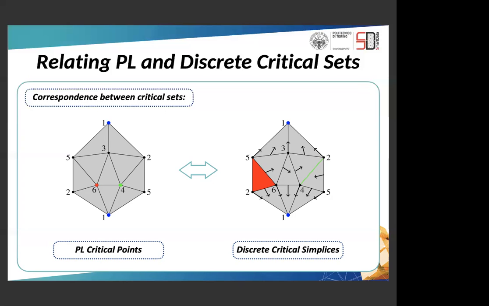And not only do we have a one-to-one correspondence between these two sets, but there is also a sort of geometrical correspondence, because, for instance, the red triangle corresponding to the red point on the left actually has the red point among its vertices. So the triangle is not only in correspondence with the red point, but is geometrically close to the red point 6.